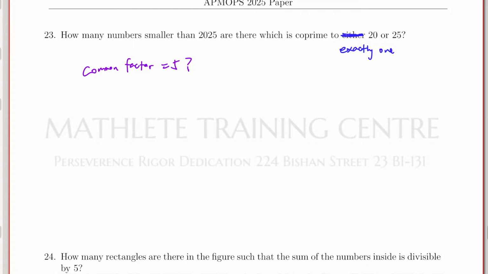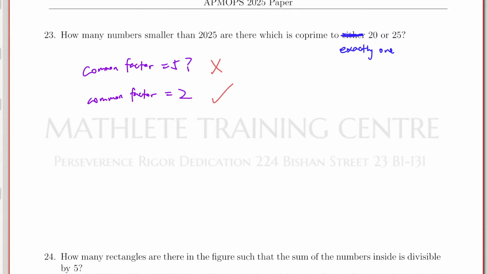Well, the answer is no, it is not 5, because 5 is a common factor of both of them. So if it's not 5, then what can the common factor be? The common factor must be the number 2, because 2 is a common factor with 20, but not a common factor with 25.